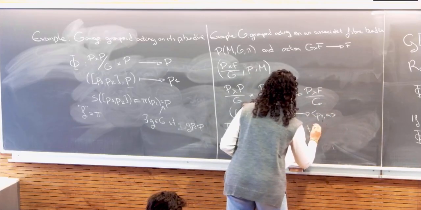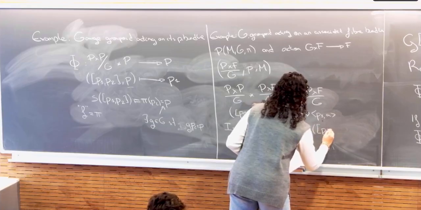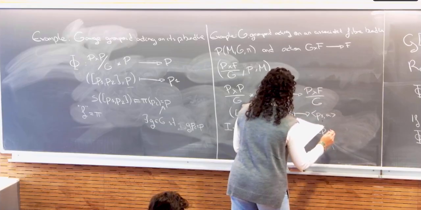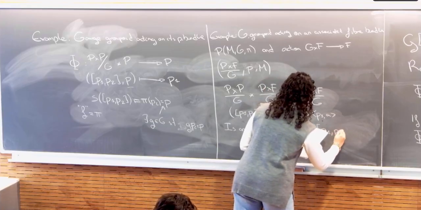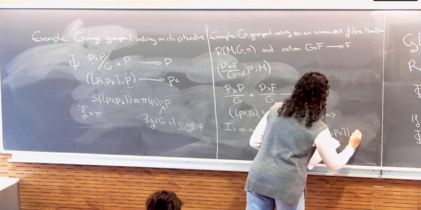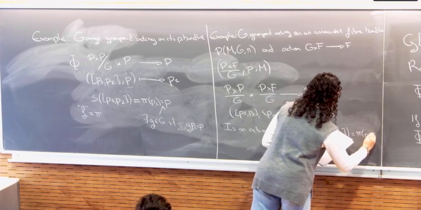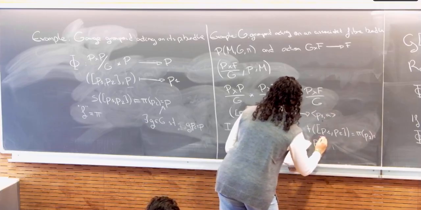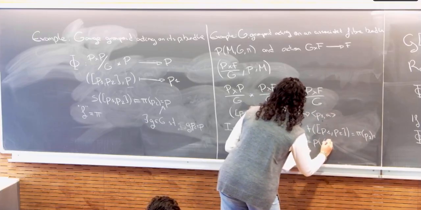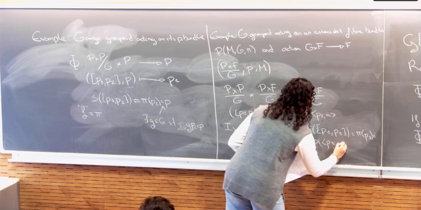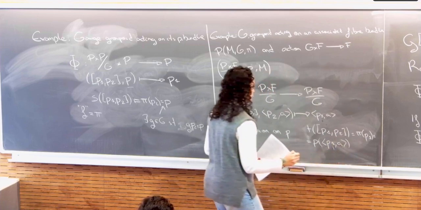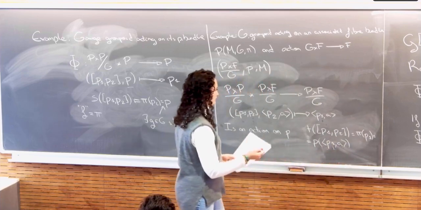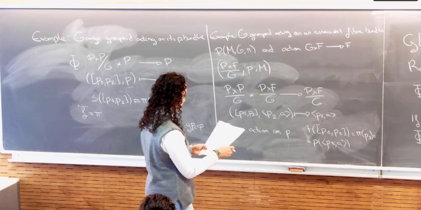The target of this pair is this projection that is equal to this. So we have the properties we need.